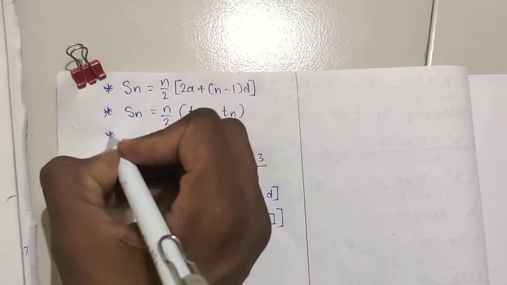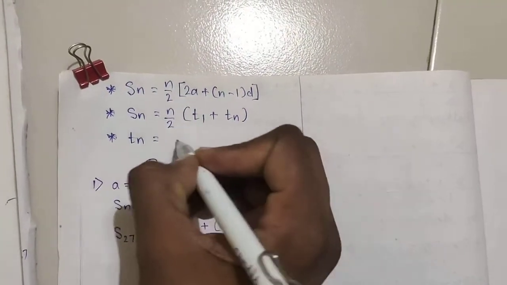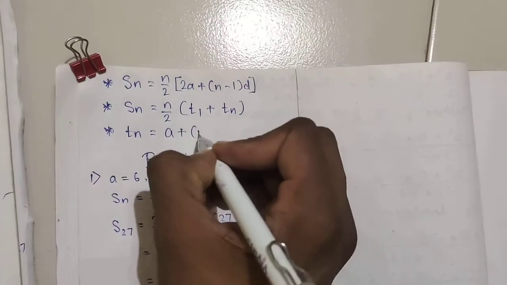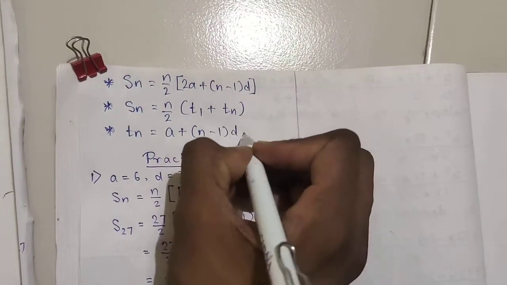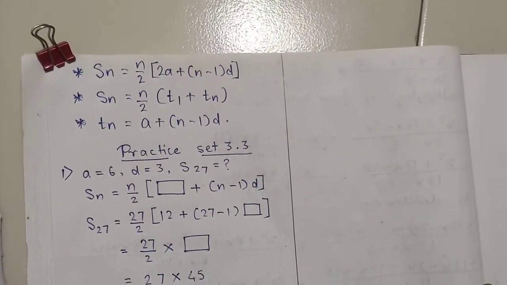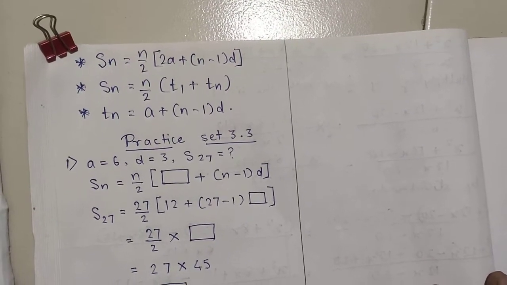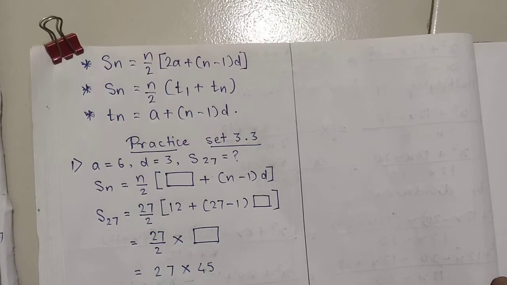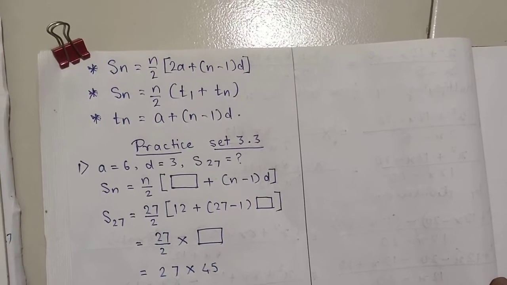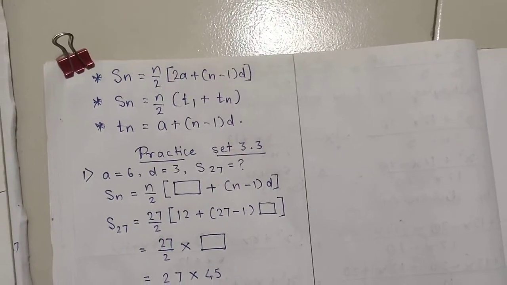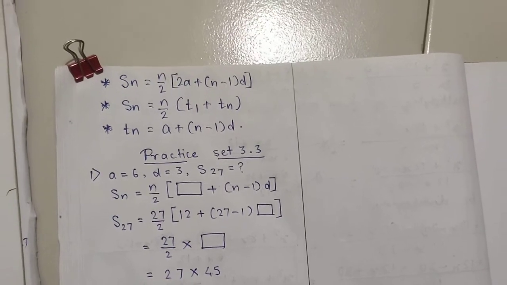And what is the Tn formula? Tn is equal to a plus (n minus 1) into d. So in this chapter, we have seen three formulas. The first two are of Sn and the last one is of Tn. And Sn means sum of n terms.